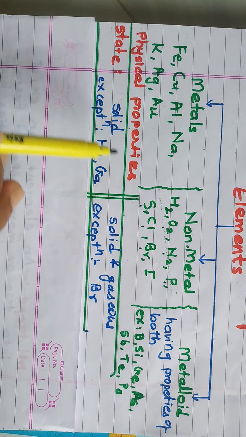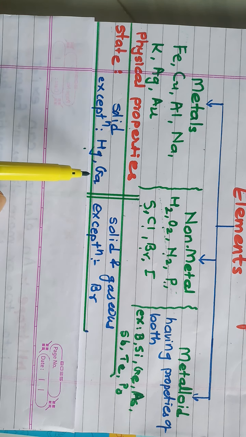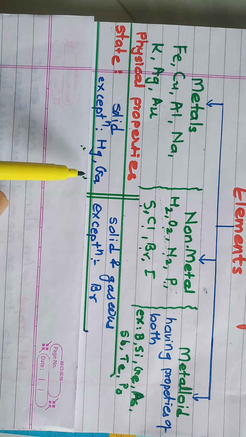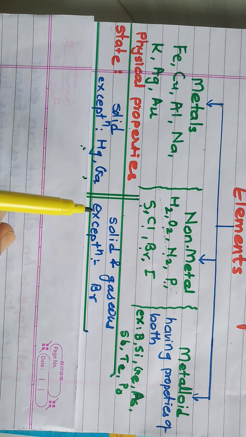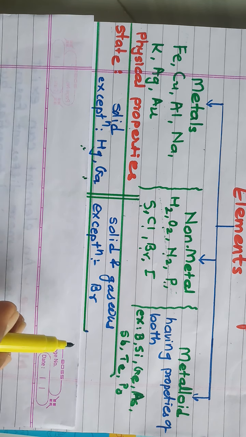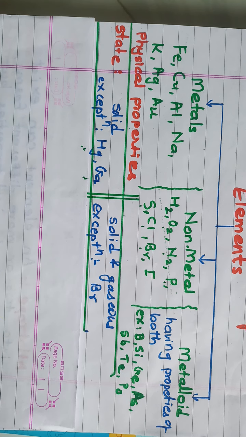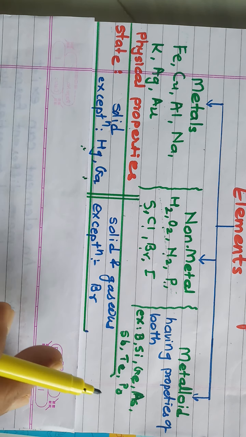Generally all metals are solid, but mercury and gallium are metals found in a liquid state, so we consider these two metals as exceptions. Similarly, bromine is the only non-metal found in a liquid state, so in the case of non-metals, bromine is an exceptional case.